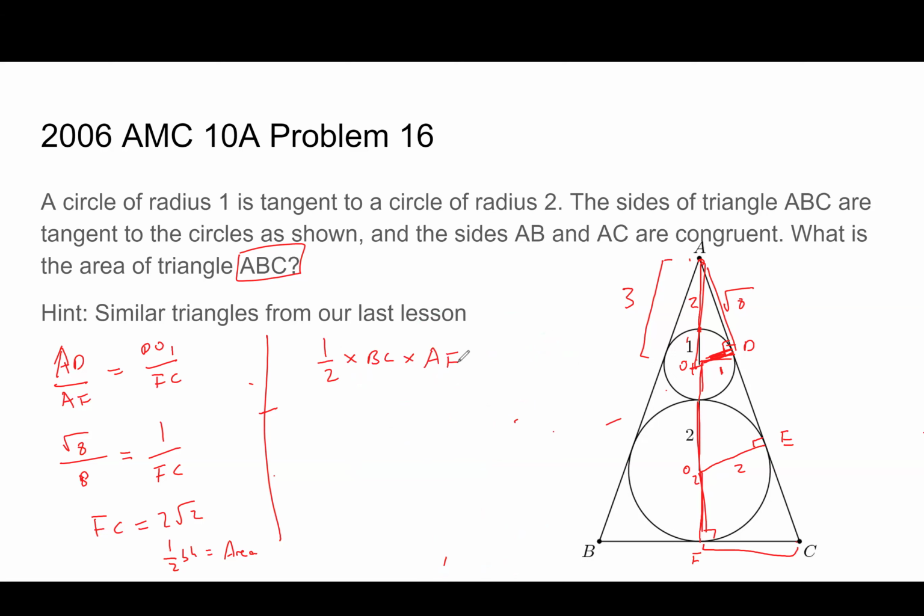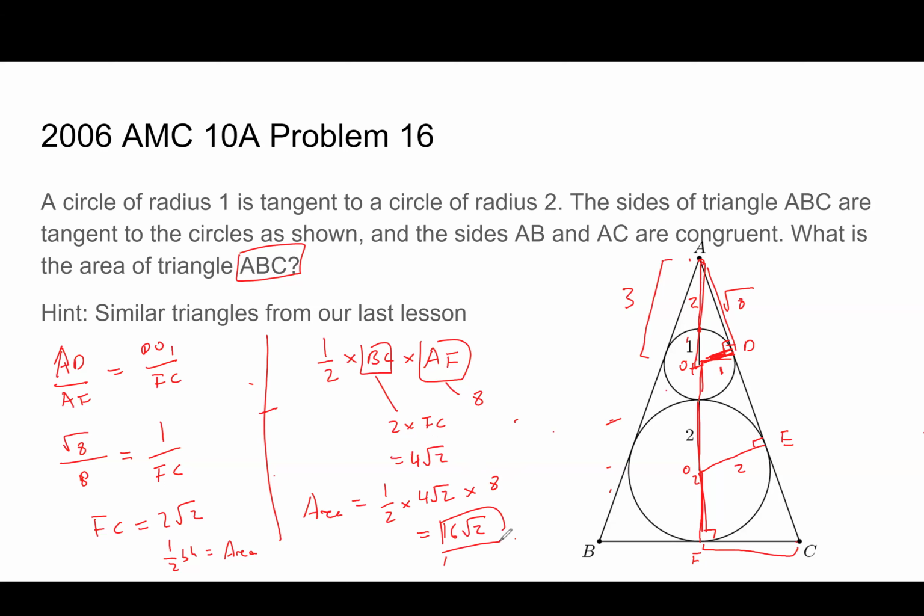And we already know that AF is equal to 8. Then BC is just 2 times FC, right? And we know that FC is our 2 root 2. That should give me 4 root 2. So therefore, area is just 4 root 2 times 8. That should give me 16 root 2. So that will be the area.